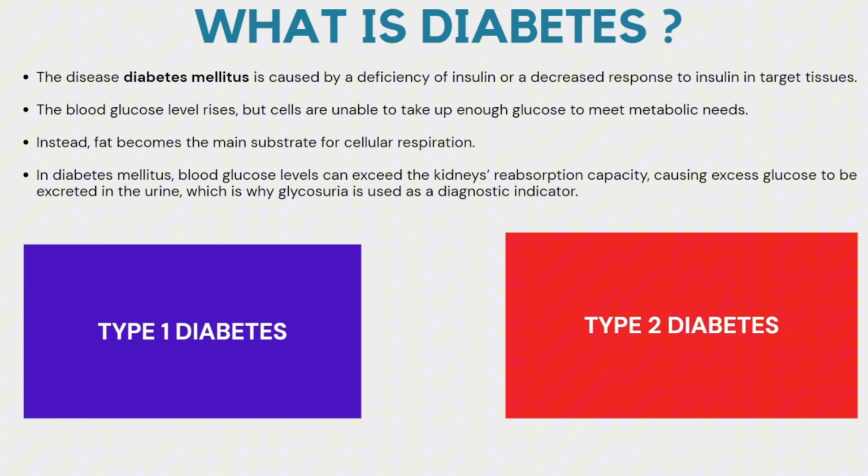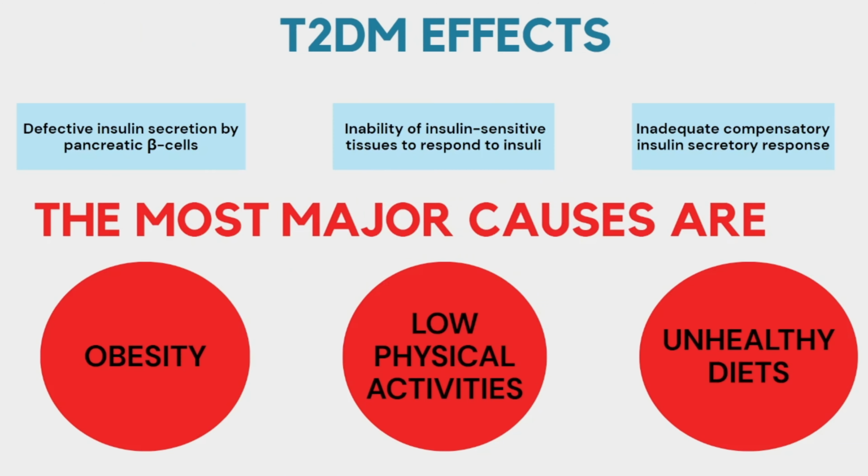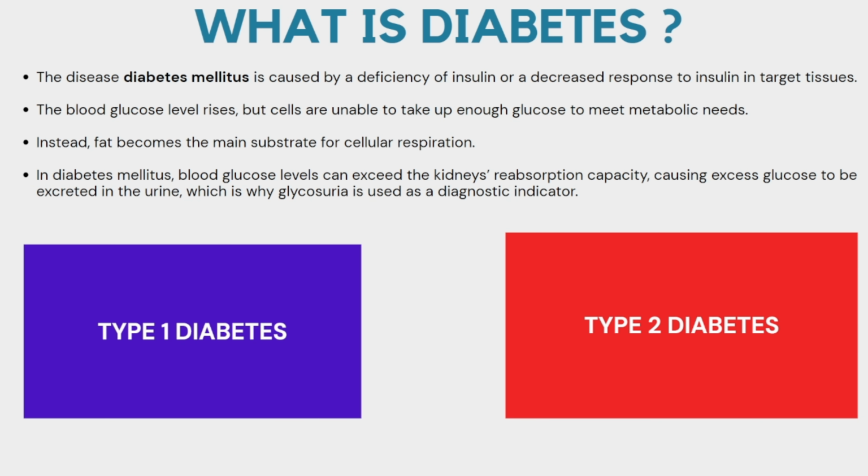Okay, so what is diabetes? Diabetes, in scientific terms, is diabetes mellitus. It is caused by a deficiency of insulin or decreased response to insulin by target tissue. Diabetes mellitus is one of the chronic diseases in the world, not only in Malaysia.